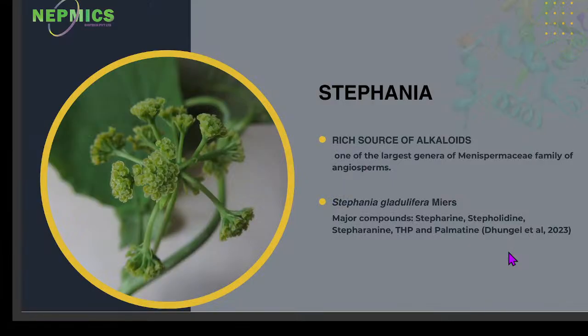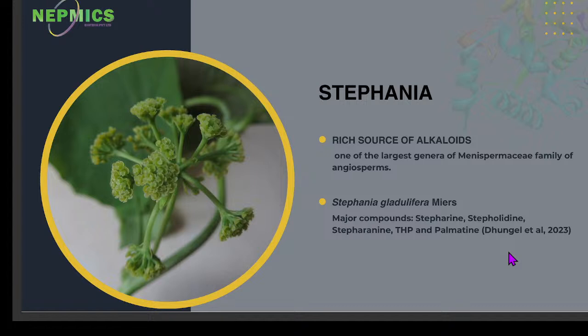And next, in this research we have used Stephania. There are different species of Stephania, and Stephania glandulifera was particularly used. Later on I will let you see the plant body as well. The flower is presented over here, and it is very important to taxonomically identify this species.